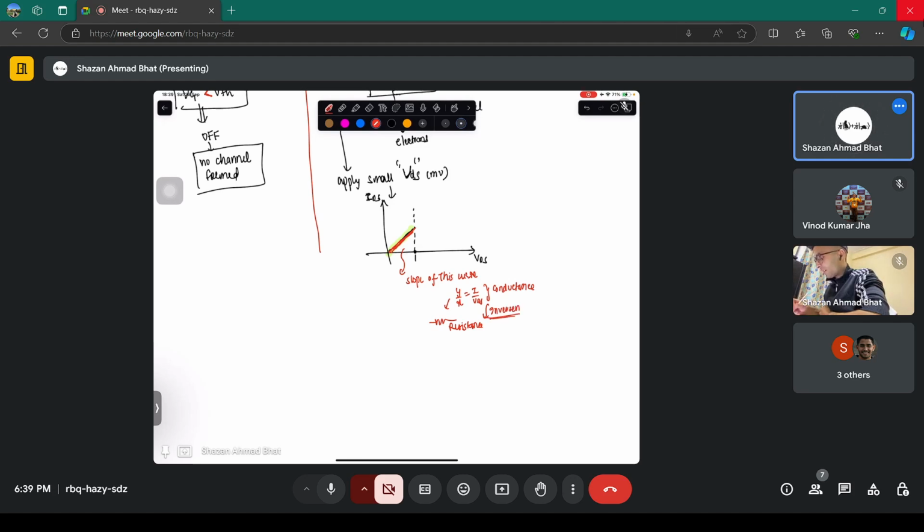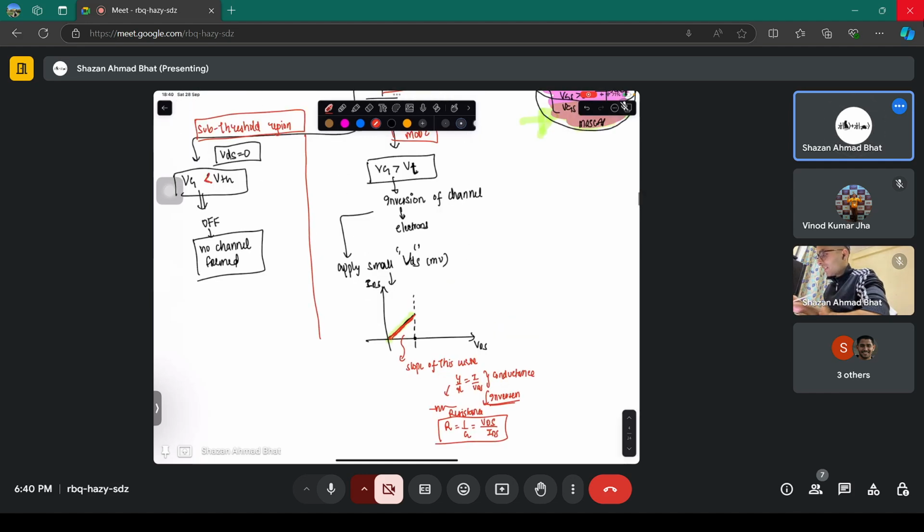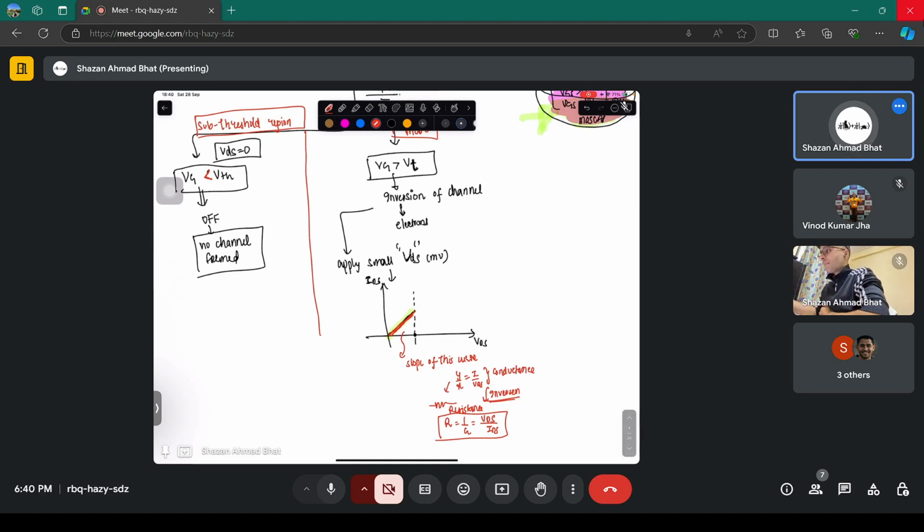Resistance is equal to 1 by conductance, which is VDS divided by IDS. That means it's acting like a normal resistor, like Ohm's law: V equals IR.